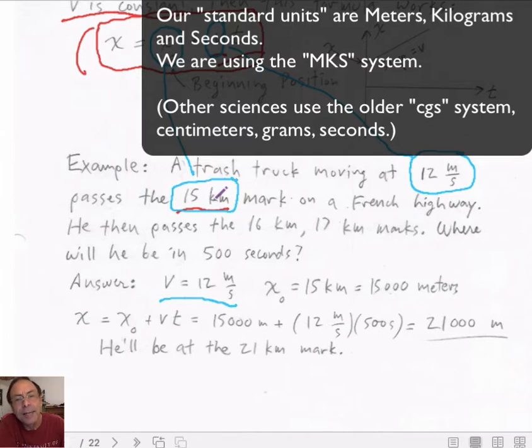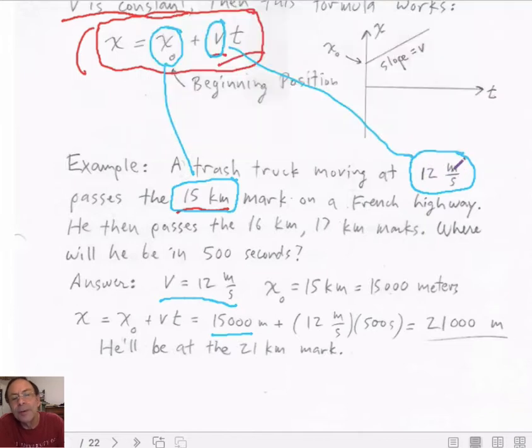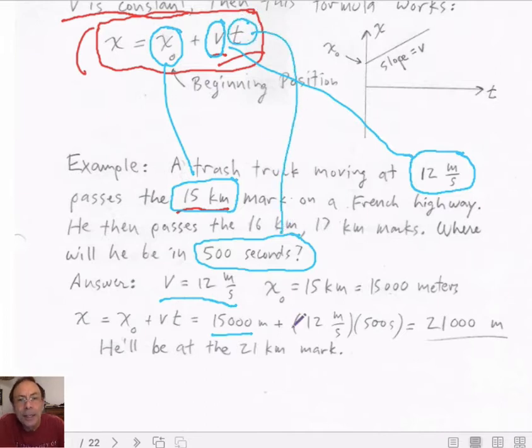K means thousand, so that's why it's 15,000 meters. 12 meters per second is already in physics standard units, so we just use that. So vt is 12 meters per second times t, and t is the 500 seconds here. That matches up with t, so these match up.